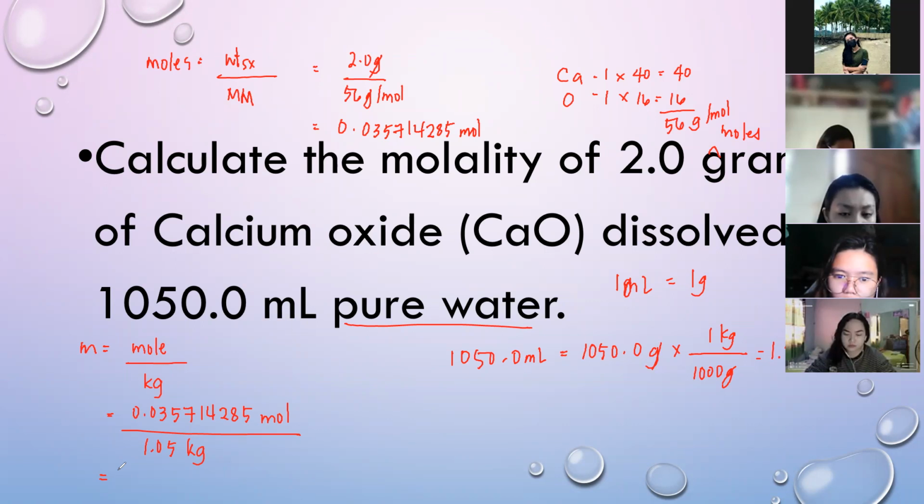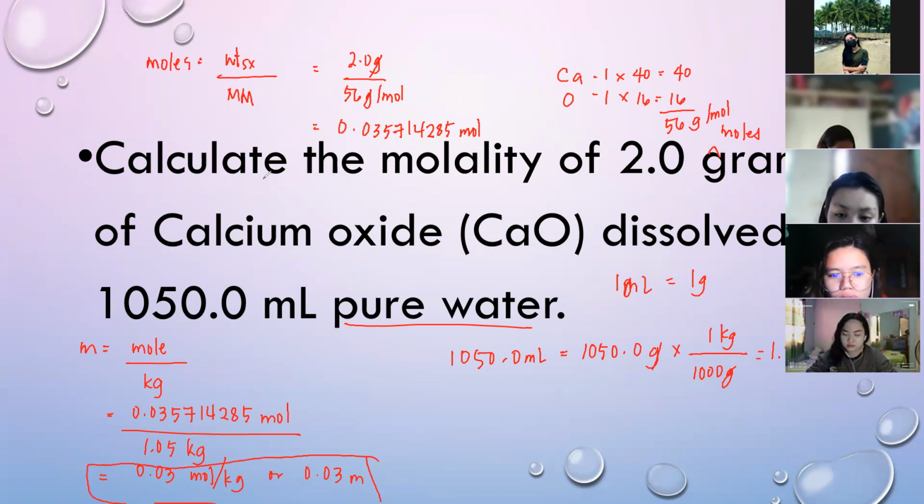0.035714285 divided by 1.05. 2 decimal places, 0.03 moles per kilogram. Wait lang. Ayan, moles per kilogram or 0.03 small letter m.